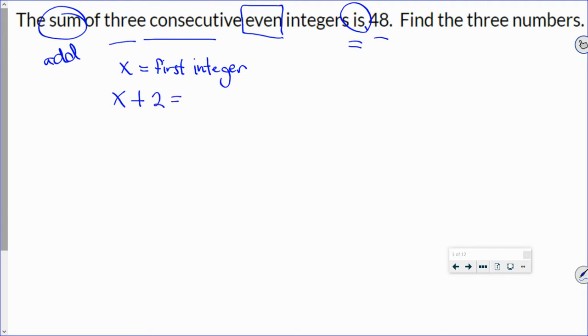That's my second integer. And what's my third integer? You got it. X plus 4. Yes. Okay, so the only difference in this problem is now because they're evens, every integer is 2 what?